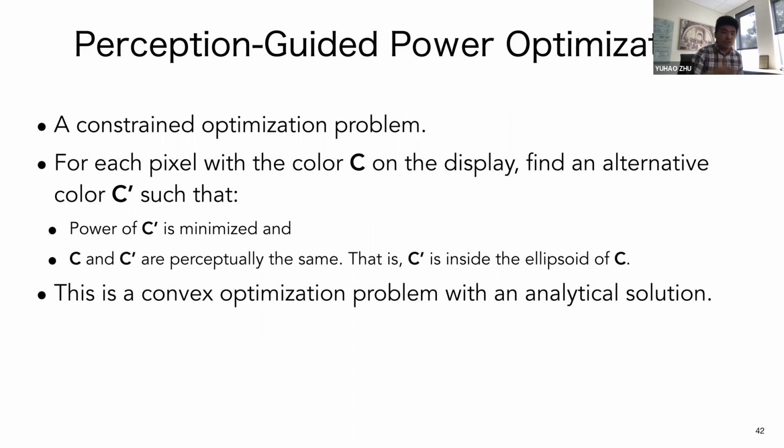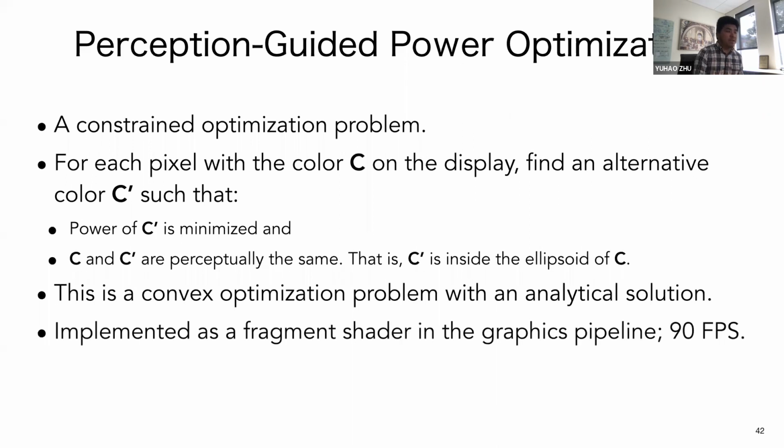So we can implement this as a fragment shader in the graphics pipeline in real time. It runs at a rate of 90 frames per second, so basically 0 performance overhead.